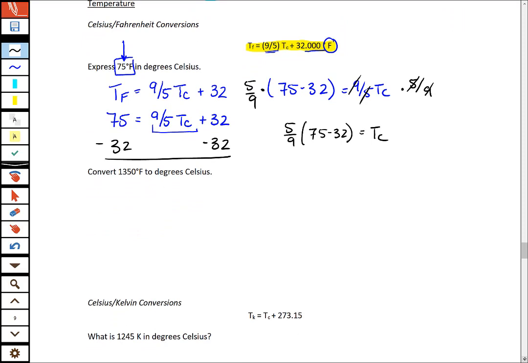Now, the great news is usually people have a better time going the other direction. So here we have 1,350 degrees Fahrenheit, and we want to take our Fahrenheit and turn it into degrees Celsius.